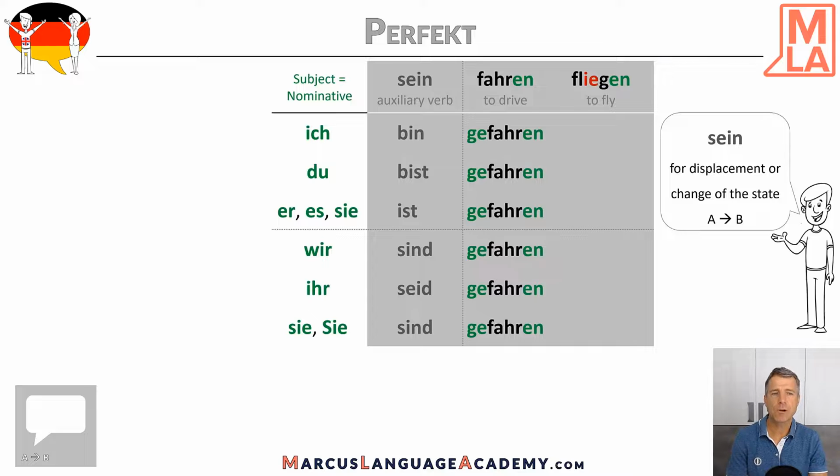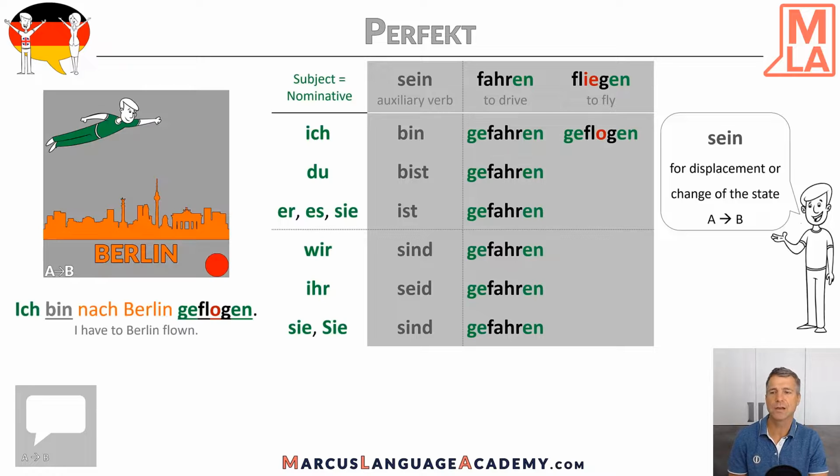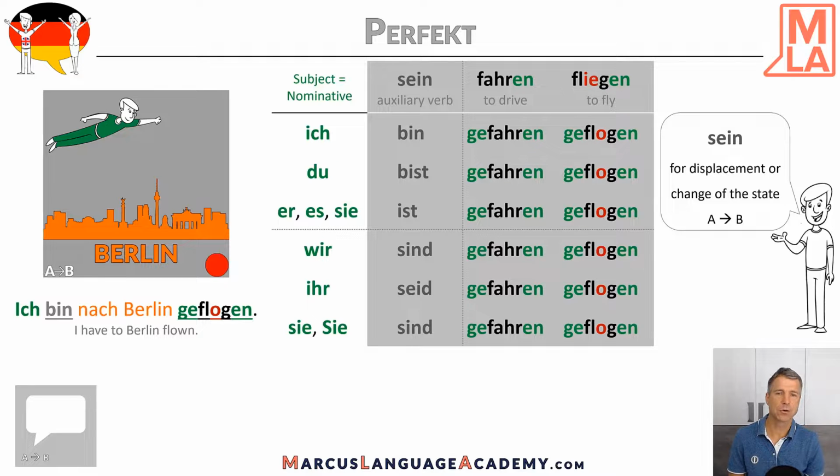There are also irregular verbs, for example, fliegen, to fly, and we would say here, because there's a change in the route, ich bin nach Berlin geflogen. I have or I am to Berlin flown. No? So it's like in English, it's also irregular, geflogen. No? And the rest of the persons, obviously, it's the same. So du bist geflogen, er ist geflogen, wir sind geflogen, ihr seid geflogen, sie sind geflogen.